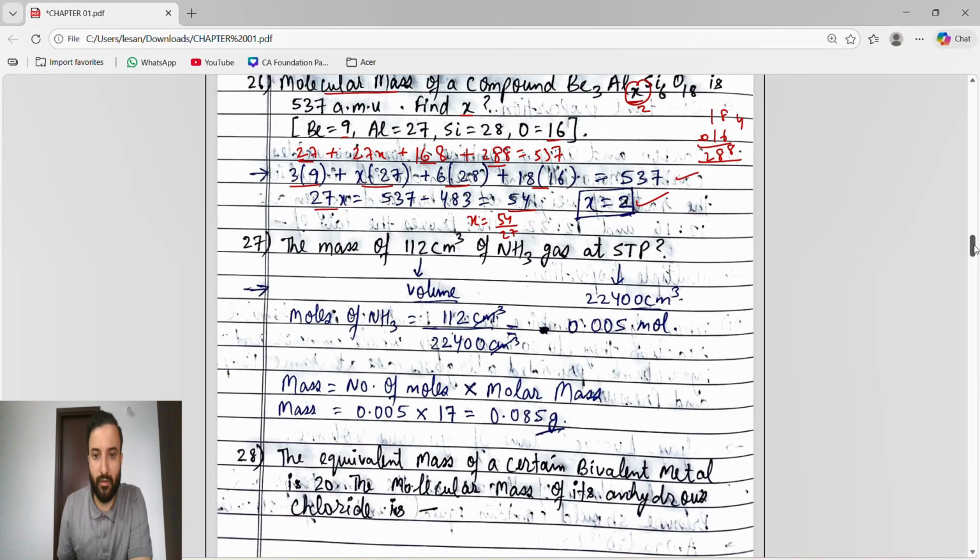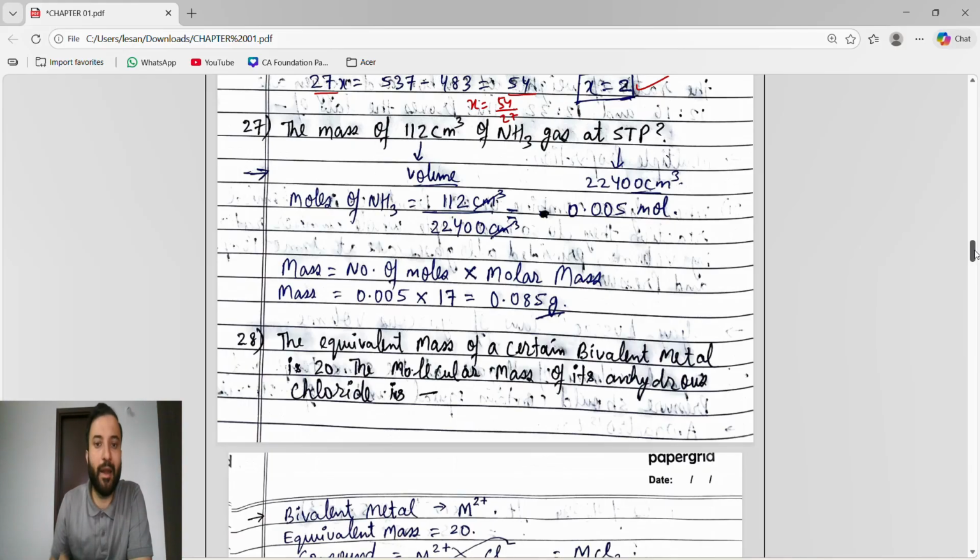This is important, guys. I know this type of normal small calculation you know, but you have to do it. Okay. Now see, whenever they will say to find the mass, we will use only one formula. First we will write down the number of mole formula. What is the number of mole formula?